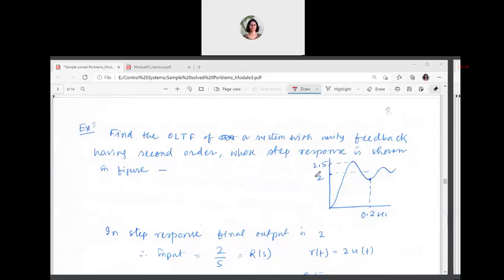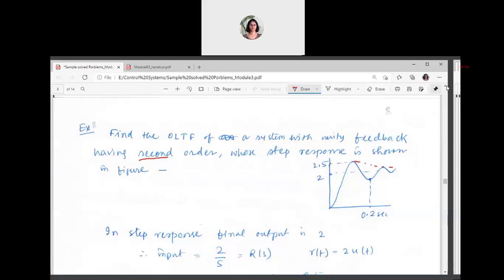Step response is shown in this figure. What do we understand from this step response? This is increasing, reaching the peak, then decreasing and going like this. And if you notice, this peak is slowly reducing. It's actually exponential reduction. It's already given second order, so we know how the response is.